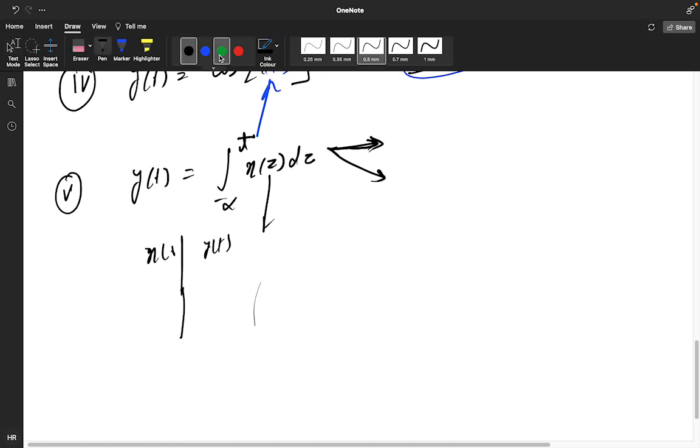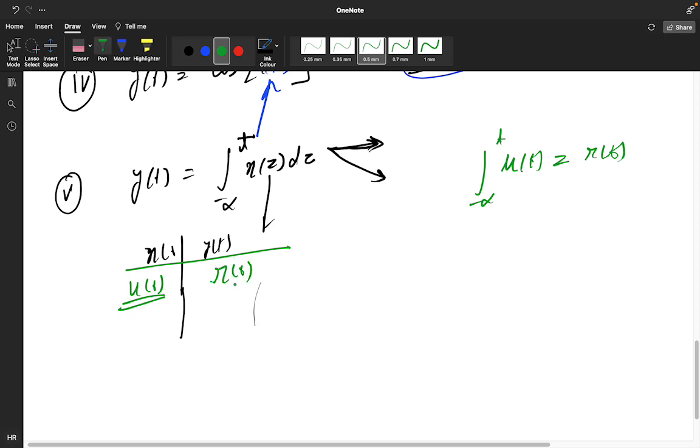If I am taking x of t as u of t, the unit step function, integrating from minus infinity to t, I will get r of t, the ramp.